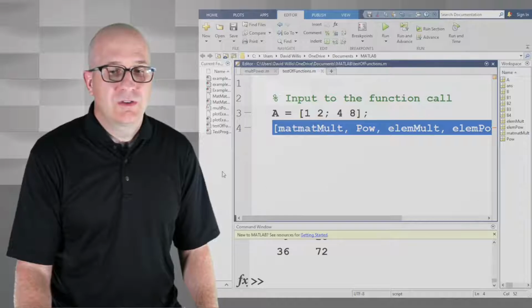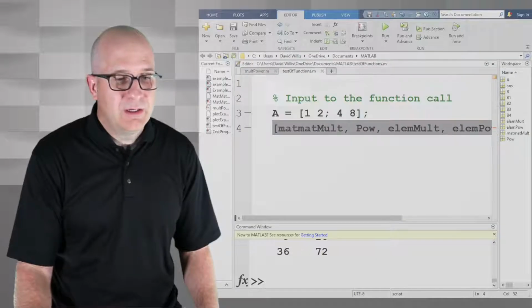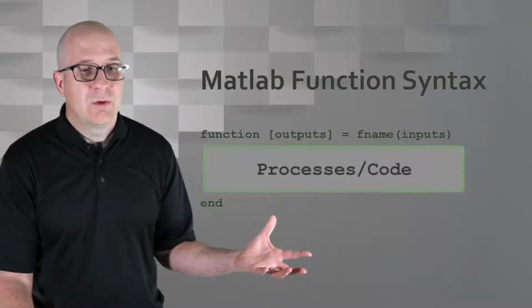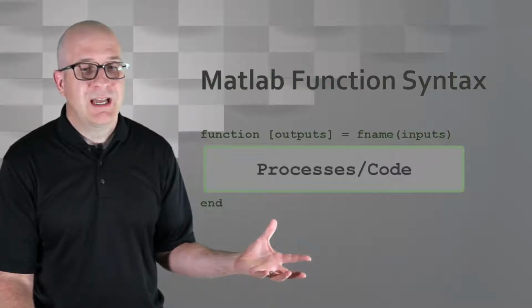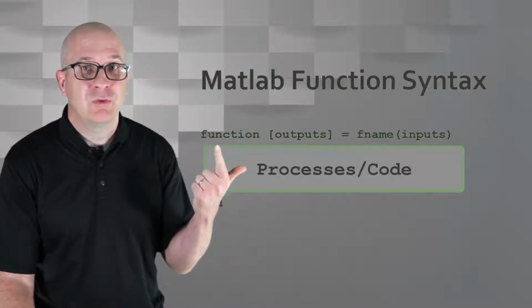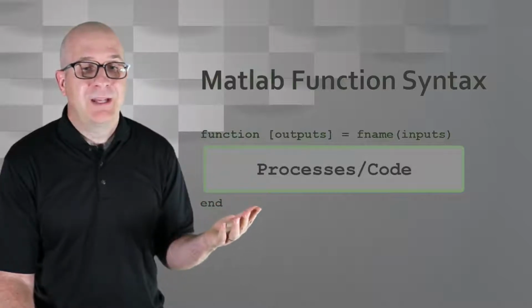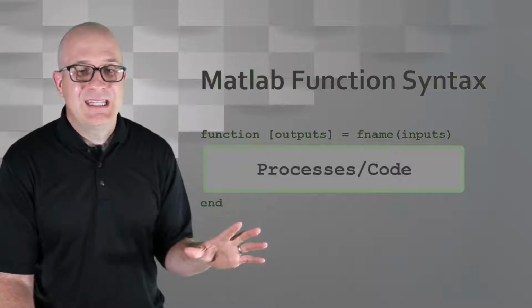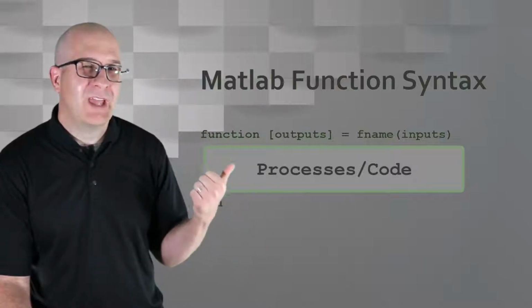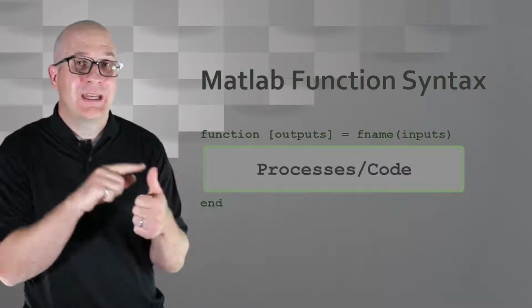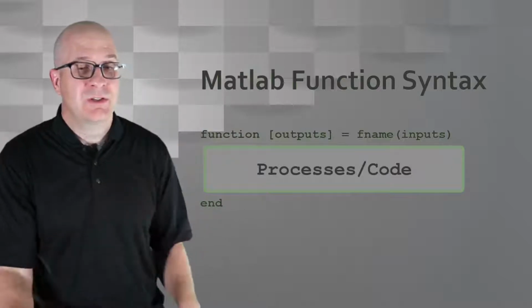We're going to quickly go back to the functions PowerPoint and take a quick look at it. Just to remind ourselves what we did in summary, we took a look at a function. It has outputs, and there can be multiple. We saw 4 outputs in our previous example, B1, B2, B3, and B4. Fname is the function name that we used. It's the same name as the file name. Then the inputs: we only had one input, which was A. We could use a comma to separate other inputs if we had an A and a B matrix and tried to do those matrix multiplies.